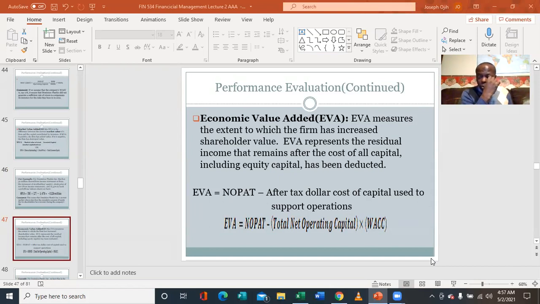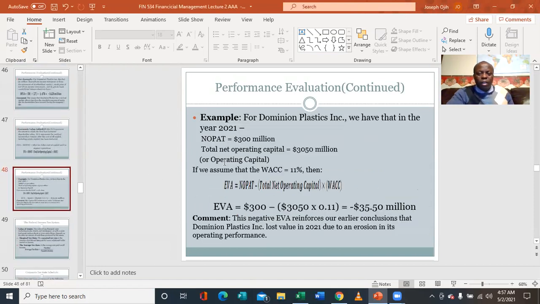This one measures the extent to which the firm has increased shareholder value. So these are value metrics. The formula is NOPAT minus total net operating capital times weighted average cost of capital. We have total net operating capital as 300 million for this company.